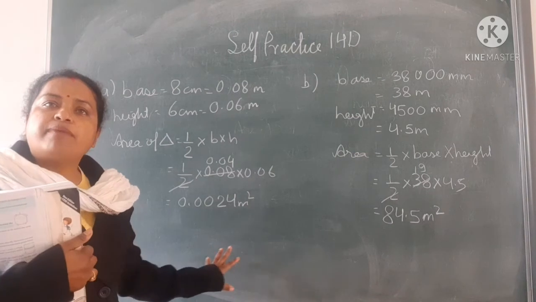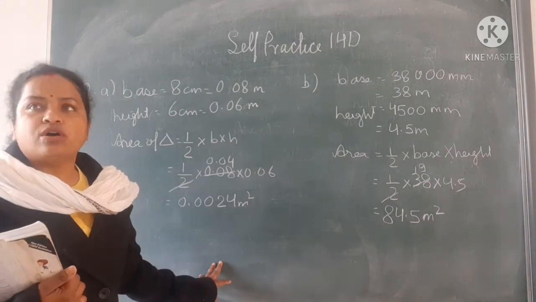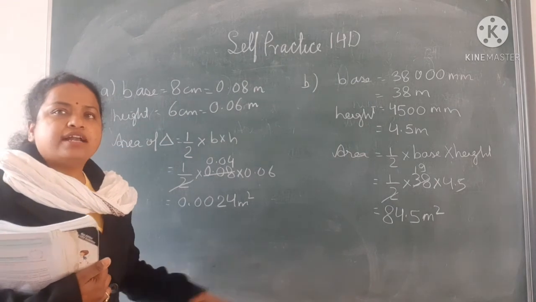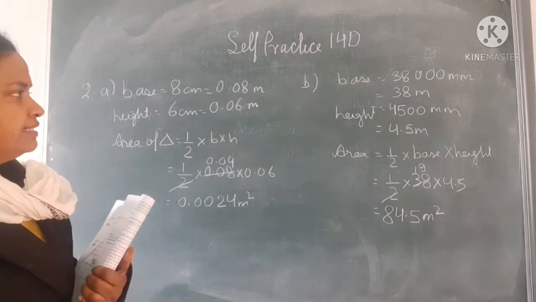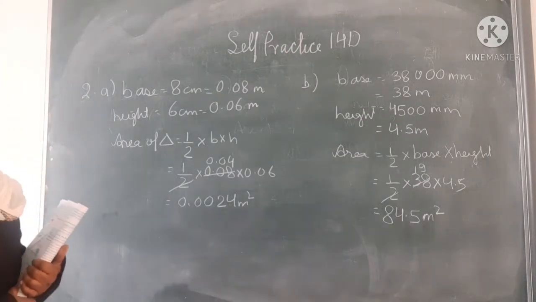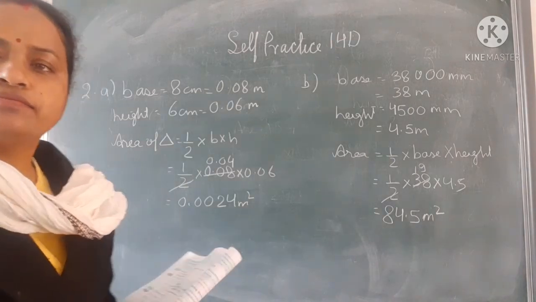What is the condition here? Here in both the parts you have to convert into meter and then you have to solve. So for that condition you will see I converted firstly in meter and then I have solved. Okay students?